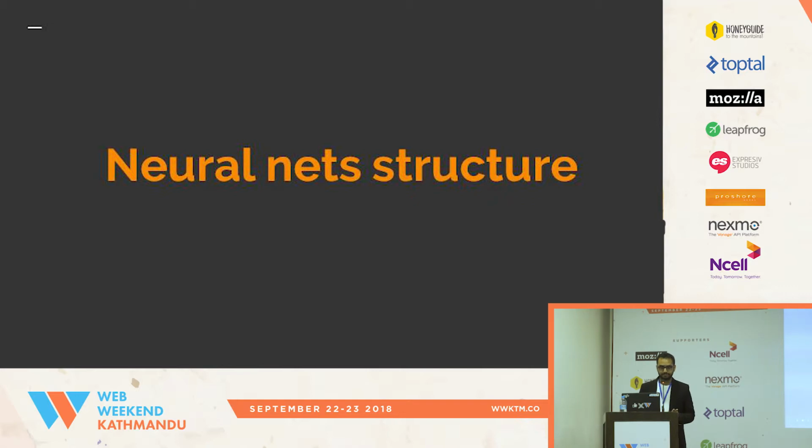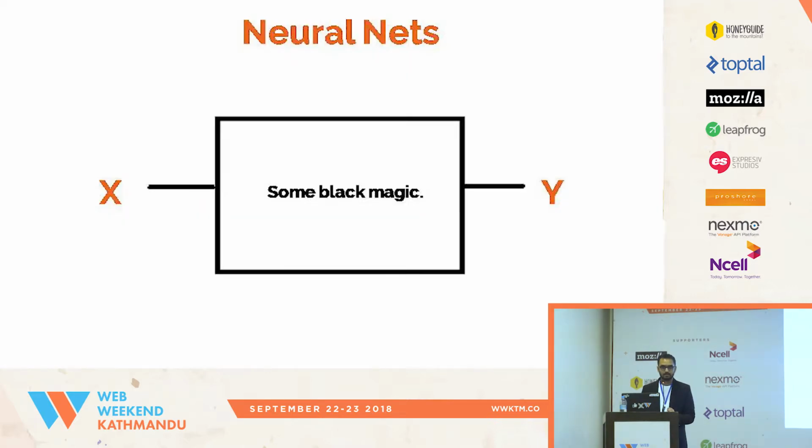We'll begin with the structure. And this is probably the most comprehensive and detail-oriented structure of a neural network I've ever seen in my life. And that's this. So, some black magic is happening, X is being fed, and Y is popping out, and lots of stuff like that.